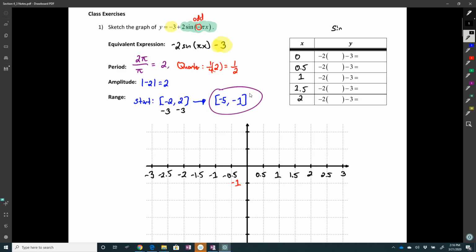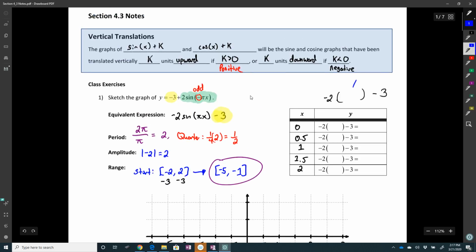Actually, in this case, the negative is taken care of. What I filled in for you here is basically the equation. The equation is -2 times, and then there's all your sine stuff, -3.